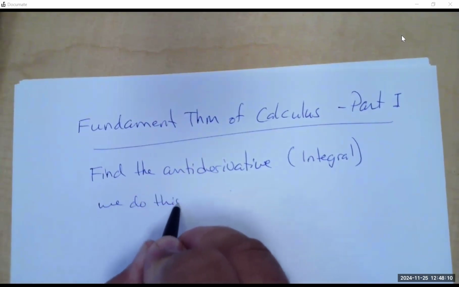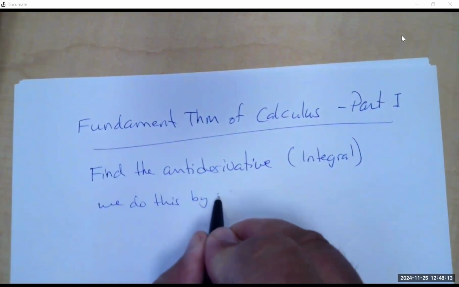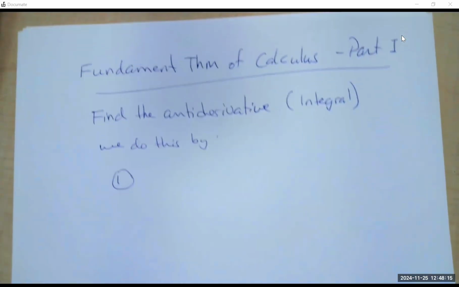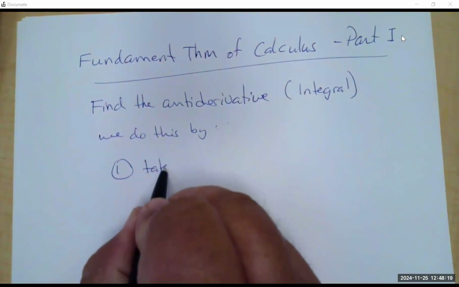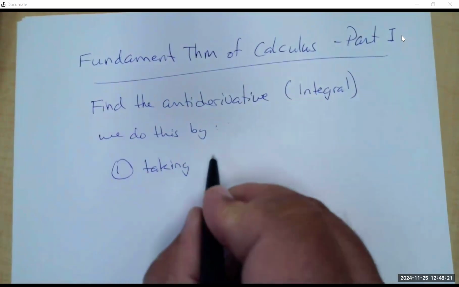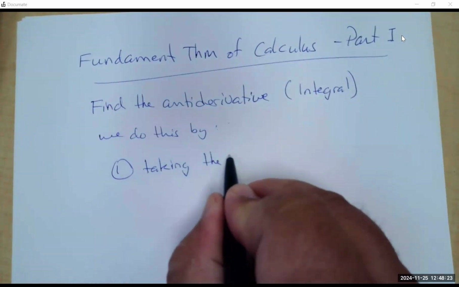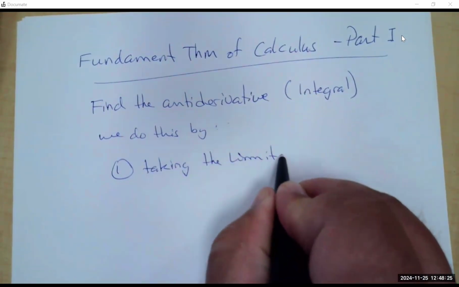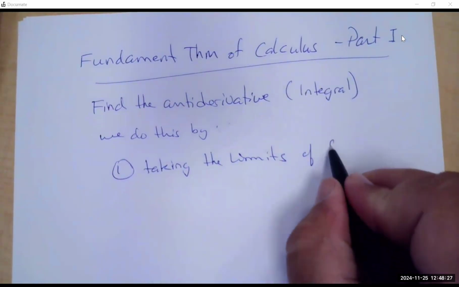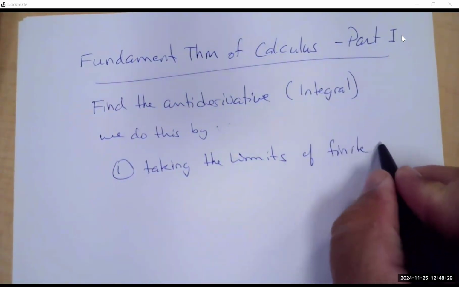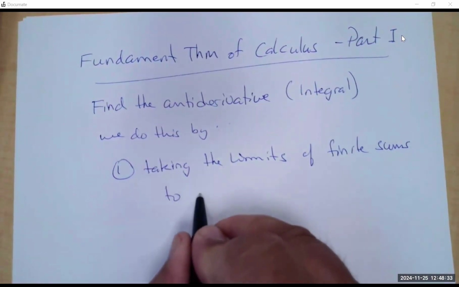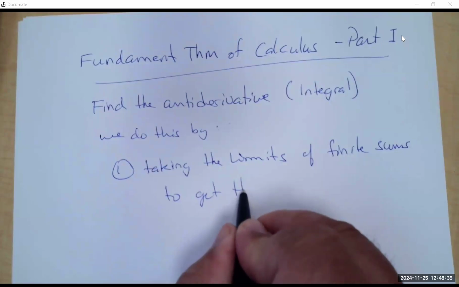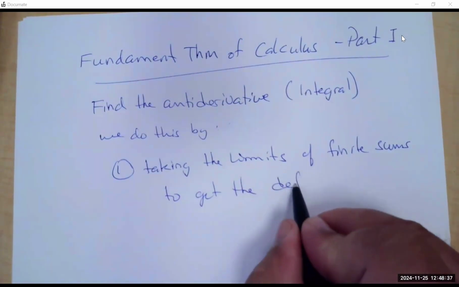We do this by taking the limits of finite sums to get the definite integral.